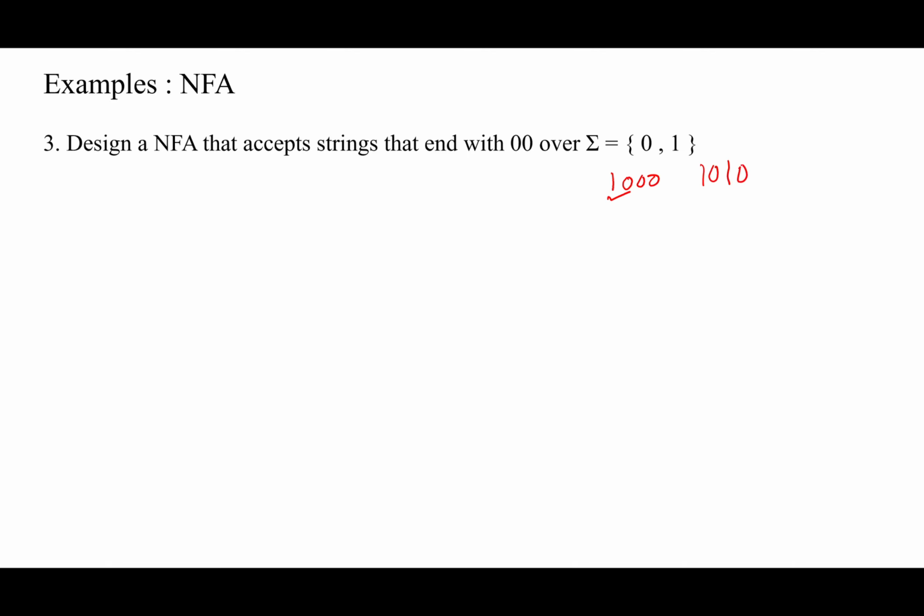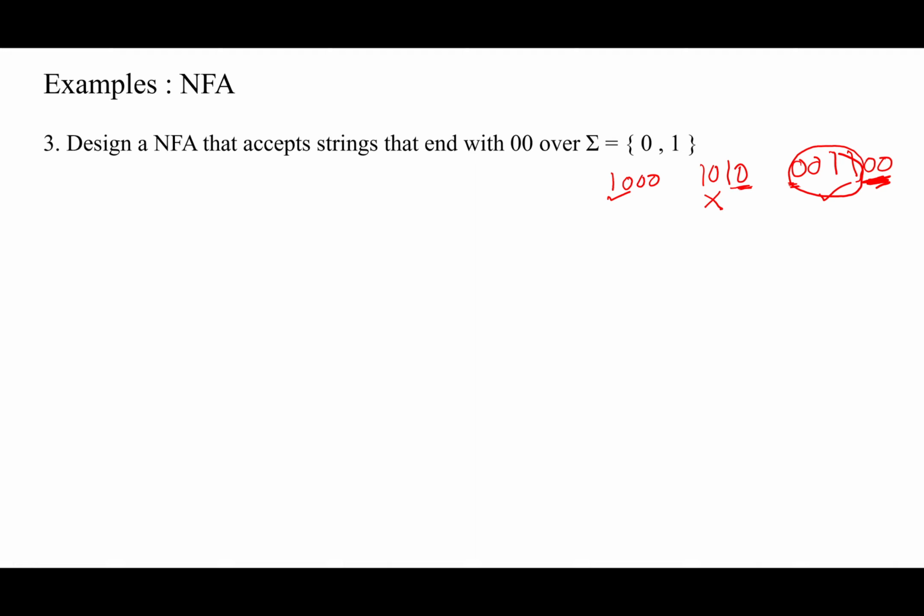Suppose 1, 0, 1, 0, it is not accepted because it is not ending with 0, 0. And one more example, if it is 0, 0, 1, 1, 0, 0, it is also accepted because it ends with 0, 0. So at the end it should contain 0, 0. Before this 0, 0, it can have any combination of zeros and ones.